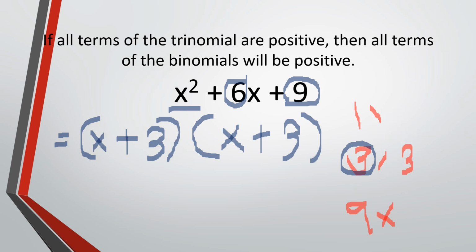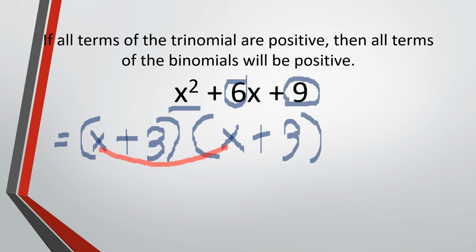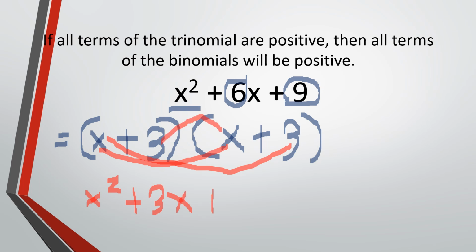To really check if that is correct, let's do the checking. x multiplied by x is x squared. x multiplied by positive 3 is positive 3x. Positive 3 multiplied by x, again, is positive 3x.